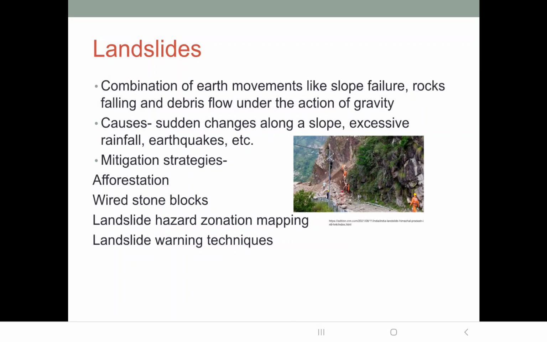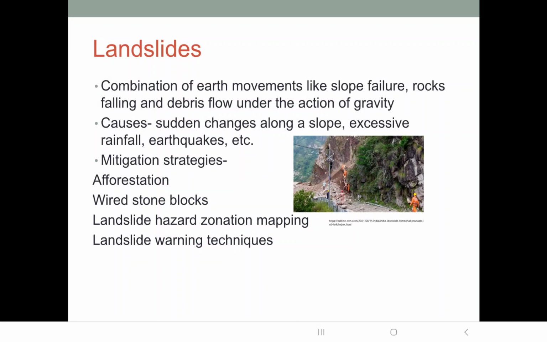The material is not that efficient to hold the soil. The vegetation over there is sparse over these mountains, so naturally the landslides are common. The soil is not able to hold the structures that are built on these mountainous slopes. Therefore, one has to think twice, thrice if you have to build any such structures on the slopes, because landslides become common.